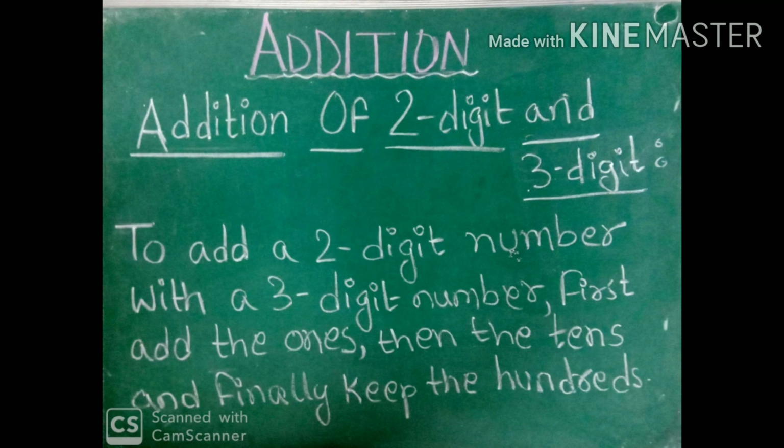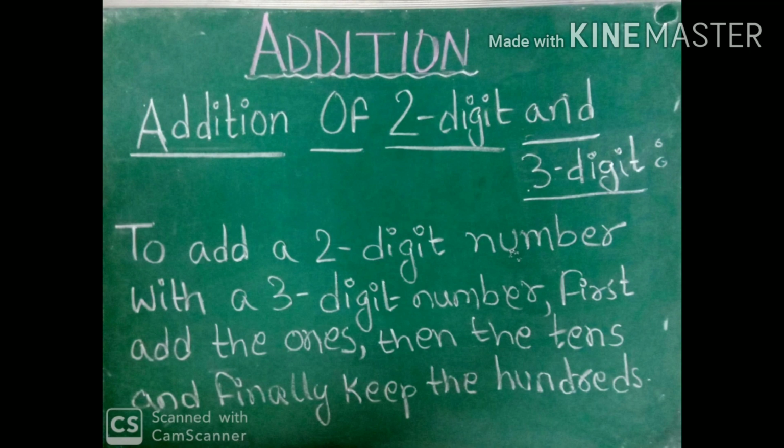To add a 2-digit number with a 3-digit number, first add the ones, then the tens, and finally keep the hundreds.